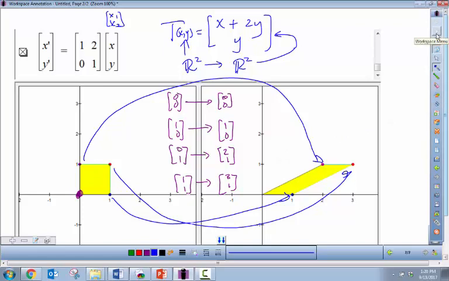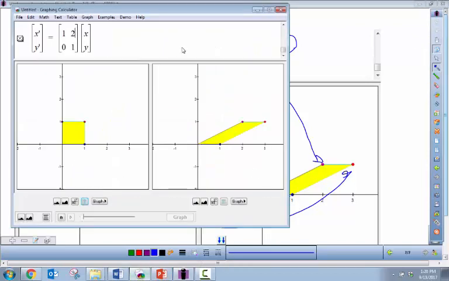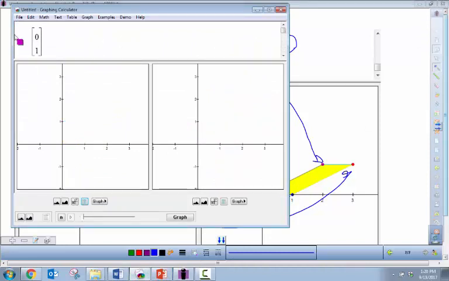I wonder if I can... I didn't think about this earlier, but let's see if I can do something. There's a way to put pictures here, and I don't remember. Insert. I don't know. Well, I'll put something weird like the sine function.